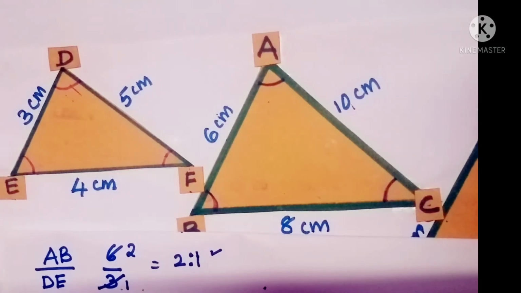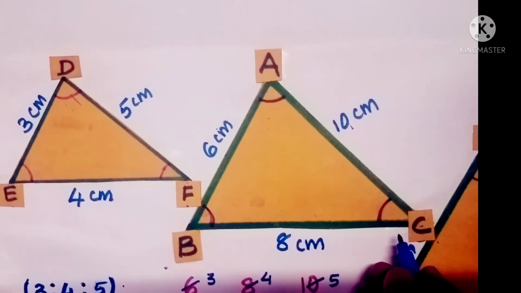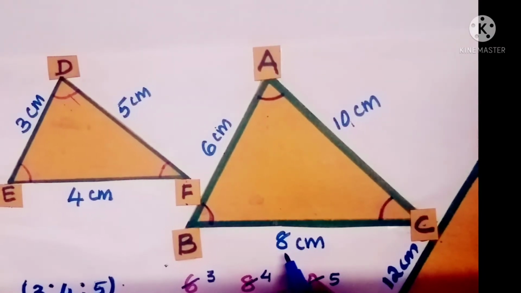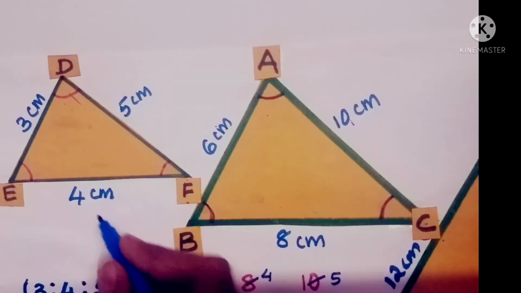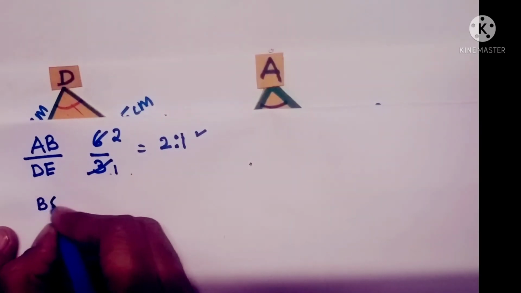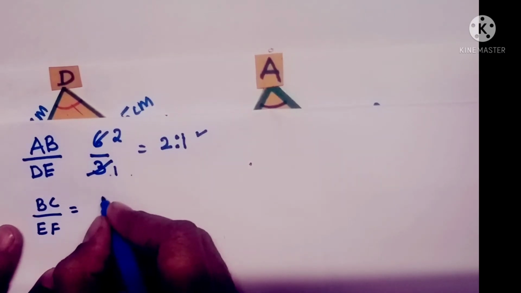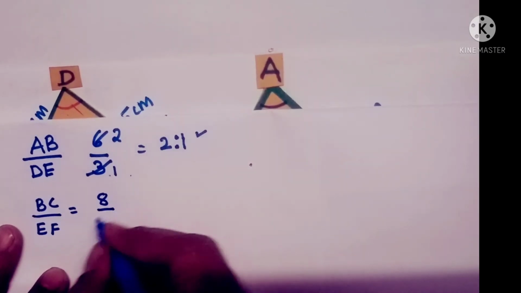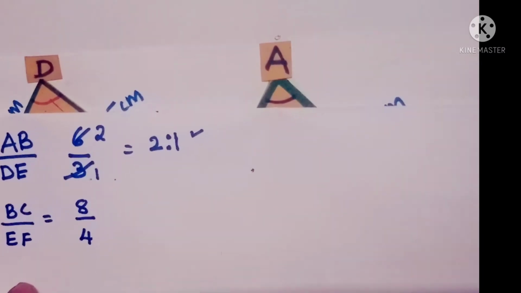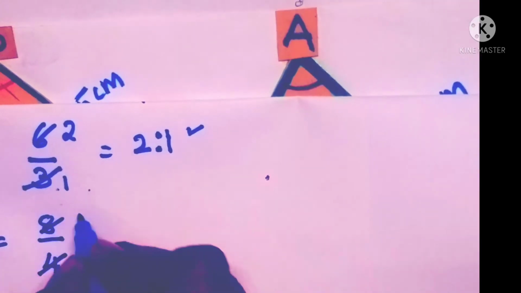Now we will see the ratio of BC and EF. BC measures 8 centimeters and EF measures 4 centimeters. So BC by EF, if I take their ratio, it's 4 ones are 4 and 4 twos are 8.